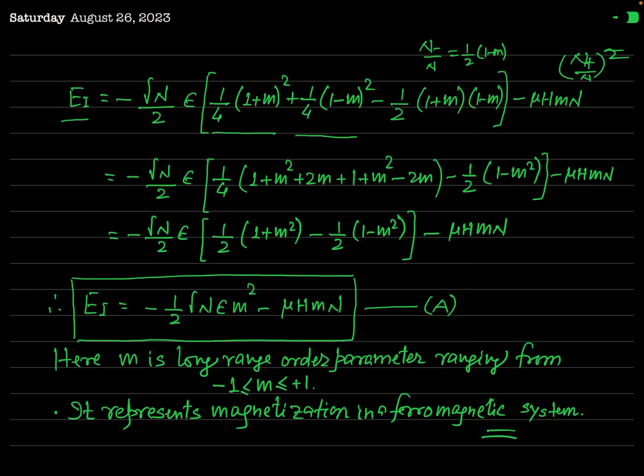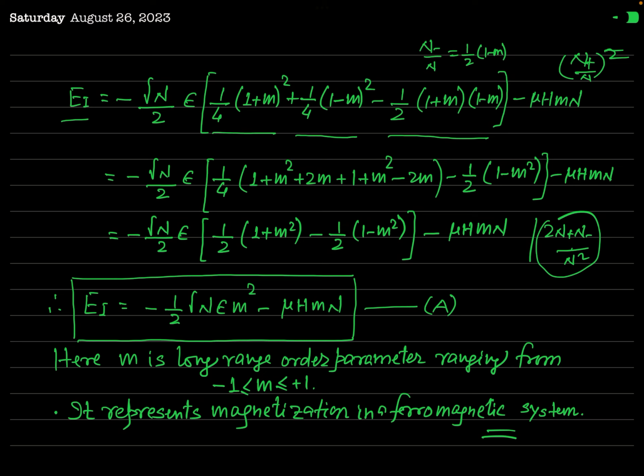And the third term was 2 n plus times n minus divided by n square. And you have seen the value of this in terms of the long range order parameter small m is equal to this much. This is 1 by 2 times 1 plus m times 1 minus m.